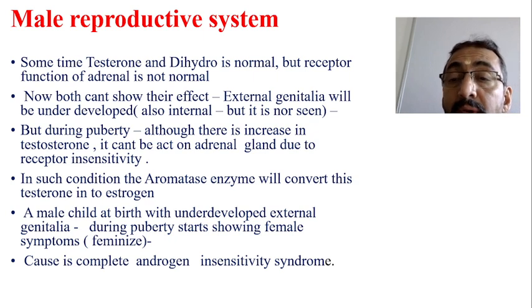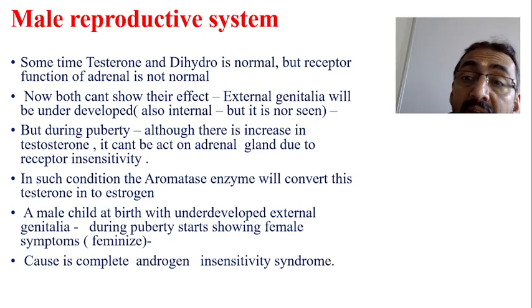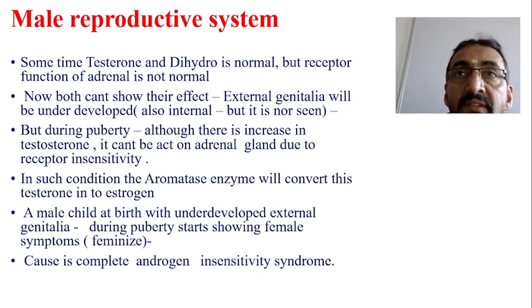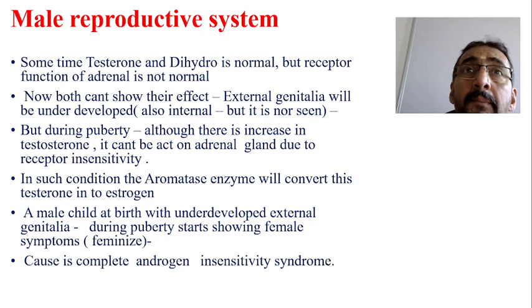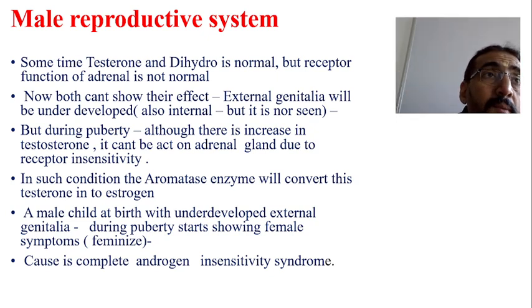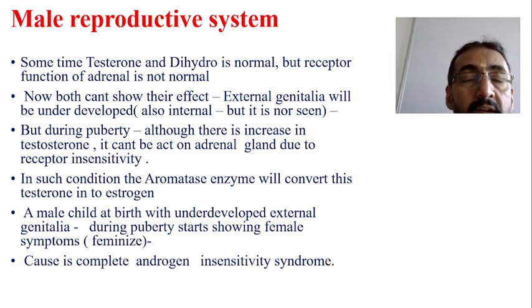Now see, during the puberty, as we have seen in the last case, there is a surge of the testosterone, and there will be production of some variant of alpha reductase. But although testosterone is formed, the adrenal gland is not able to receive it because of the receptor insensitivity, so the alpha reductase is also not formed.